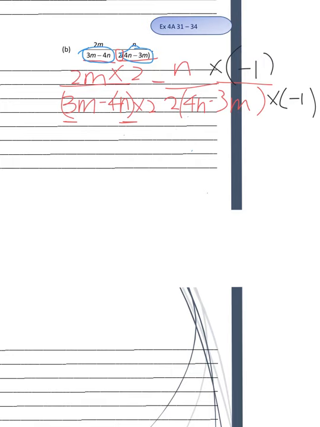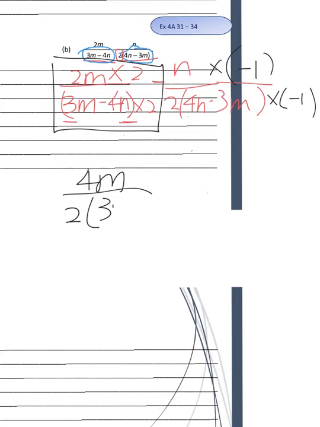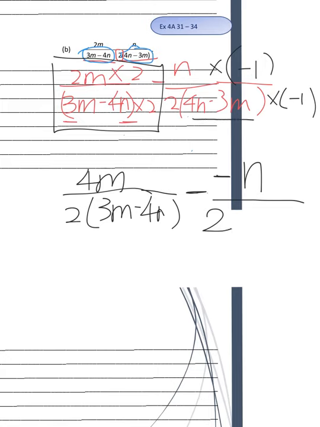So after doing this, the first fraction will become 2m times 2, that is 4m, over 2 times (3m minus 4n), and the fraction at the back will become n times -1, that is -n. And for the denominator, for the 4n minus 3m times -1, that we have done before, it will become 3m minus 4n.